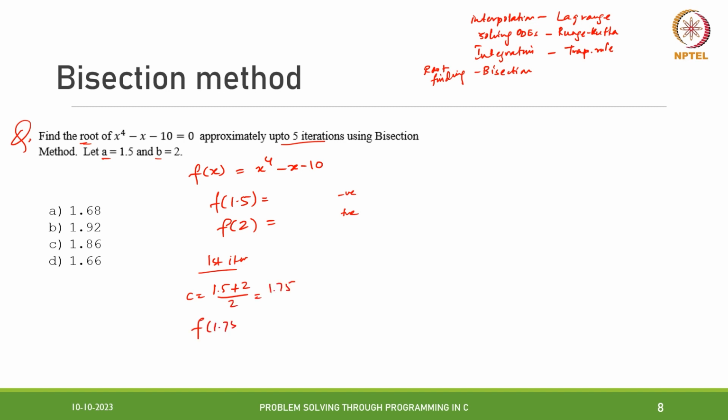Now you calculate the functional value at 1.75. Can you calculate the value at 1.75 and the values at 1.5 and 2? Minus 2.37, so this is for 1.75. And can you calculate at 1.5 and at 2?